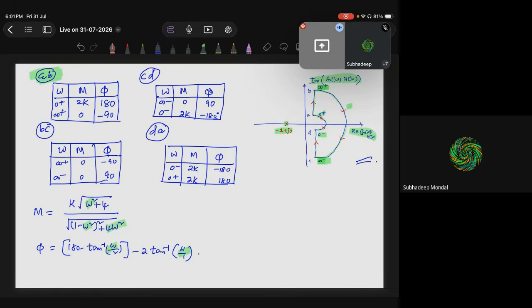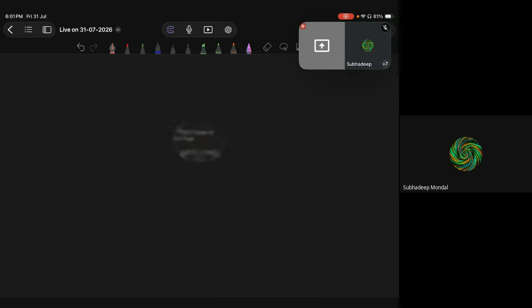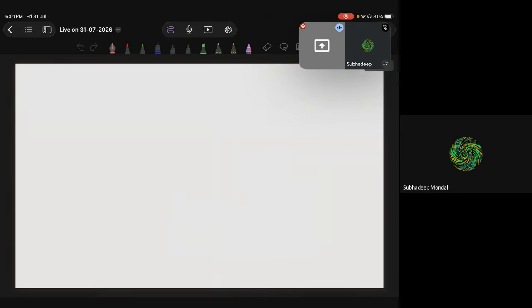Now what we do is consider the original function again. So G of j omega H of j omega, what is it basically? G j omega minus 2 divided by 1 minus omega square plus 2j omega. What I'll do is multiply and divide with 1 minus omega square minus 2j omega.